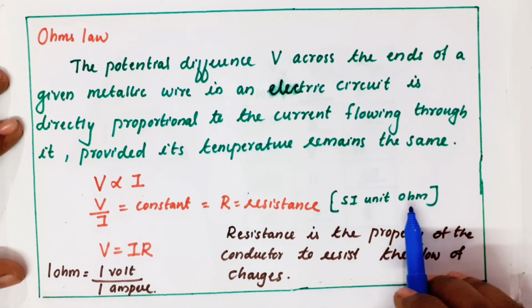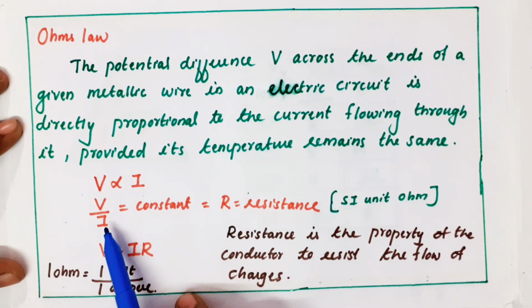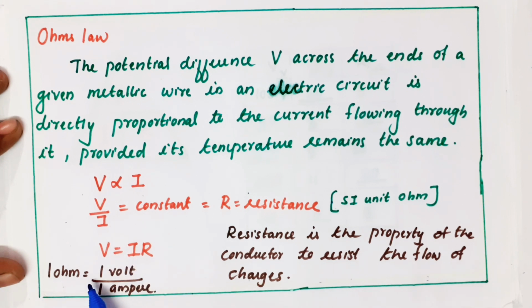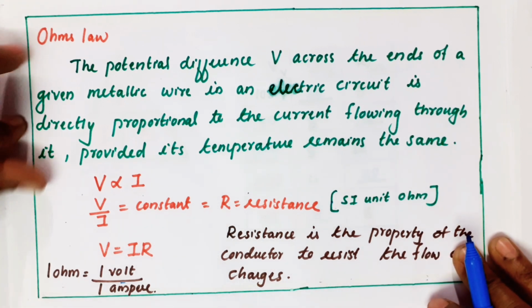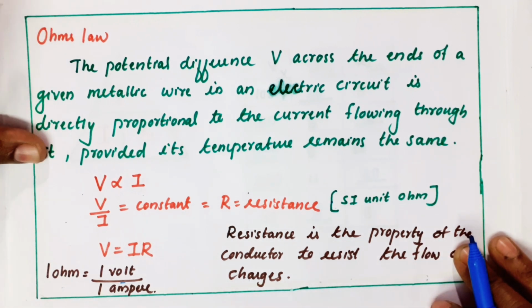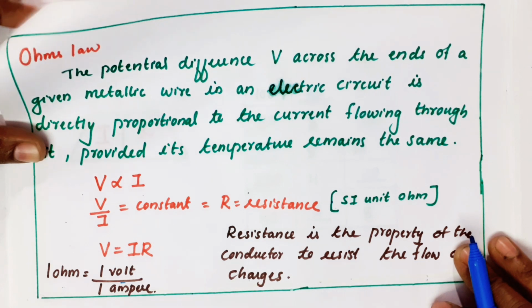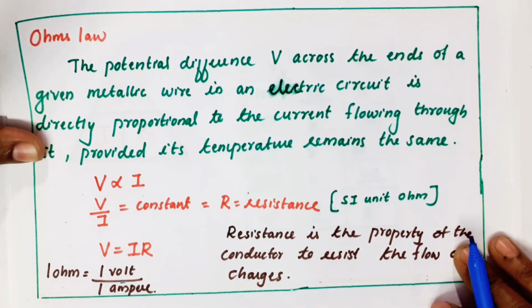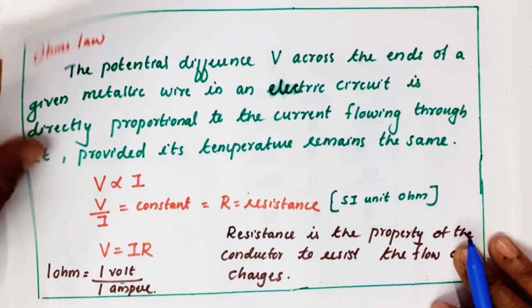In the previous video, I told you what are the units of volt and potential difference and current. So I can write 1 ohm equals 1 volt by 1 ampere. Or you can tell that 1 ohm can be defined as the ratio of 1 volt to 1 ampere. Okay. So 1 ohm equals 1 volt by 1 ampere.